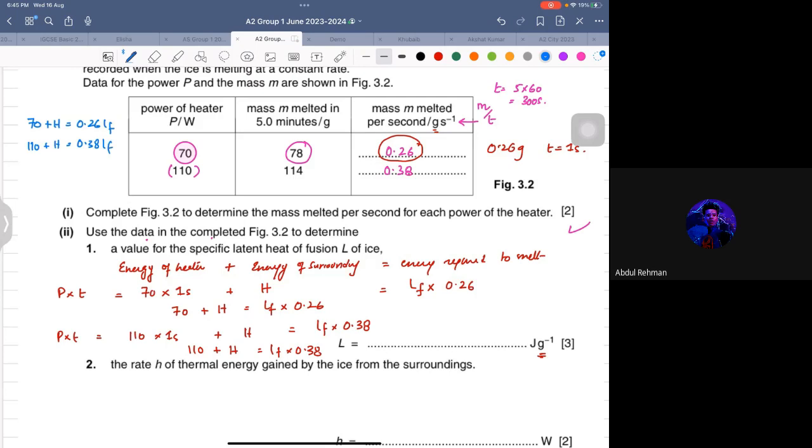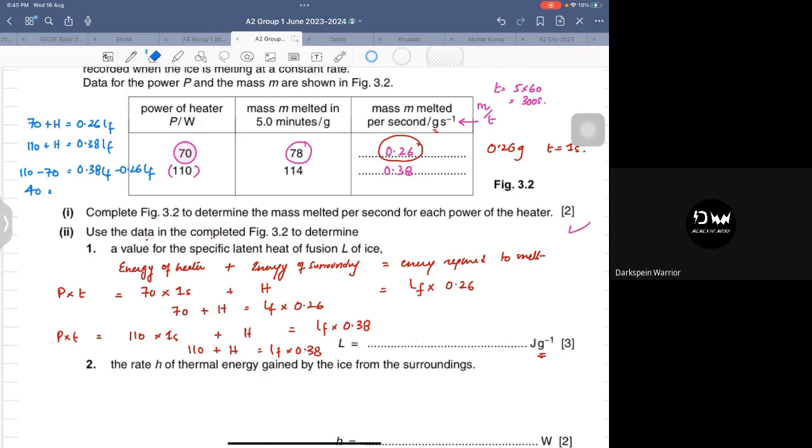When you subtract these two, it will be 110 minus 70. H and H will cancel out, and 0.38 LF minus 0.26 LF. Can you please find it? This will be, I think, 40. The final value for LF is 333.